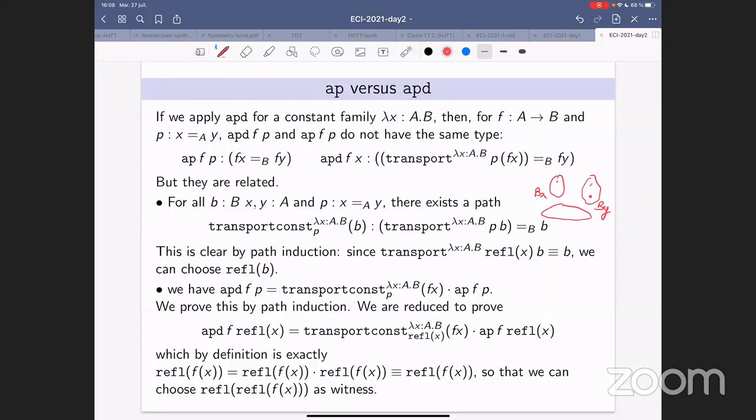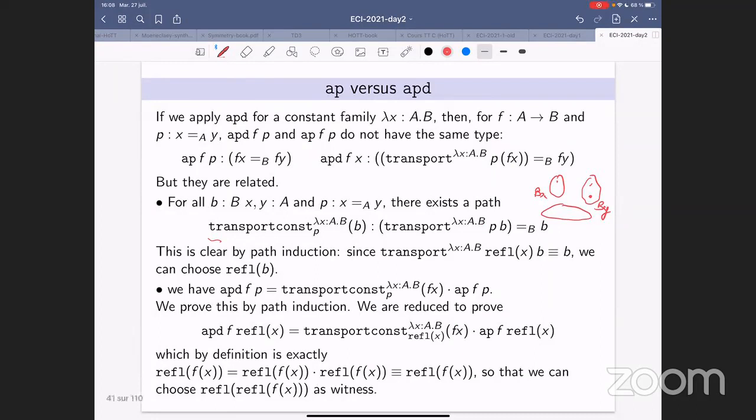But still, transport is defined by path induction, and you cannot just say that they are definitionally the same. So you need also to prove by path induction that they are equal, and this is what is done here. We can prove by path induction that essentially transport doesn't do anything, but here it's propositional.